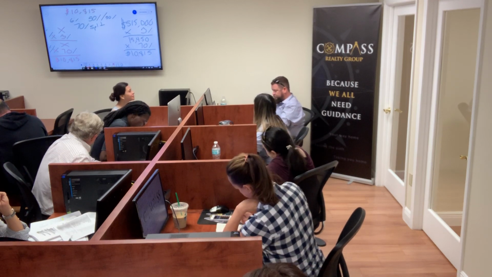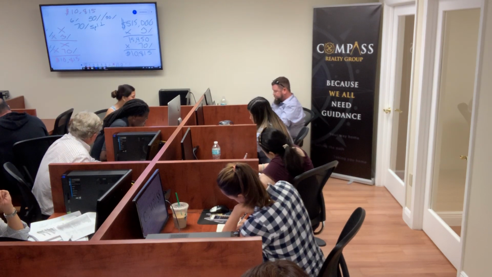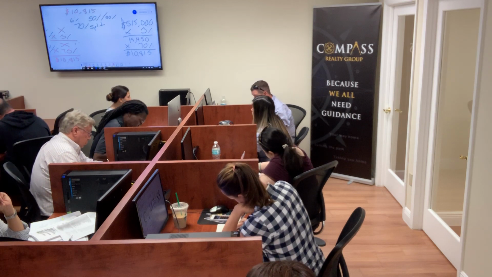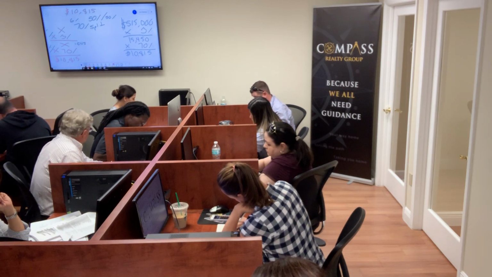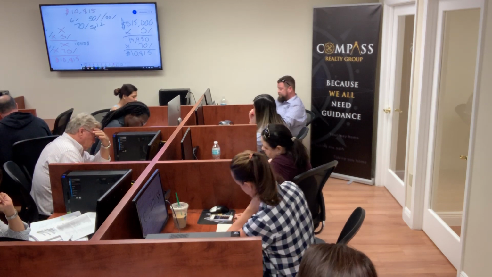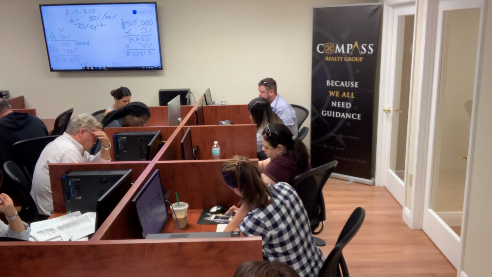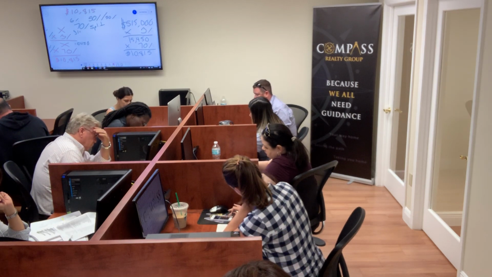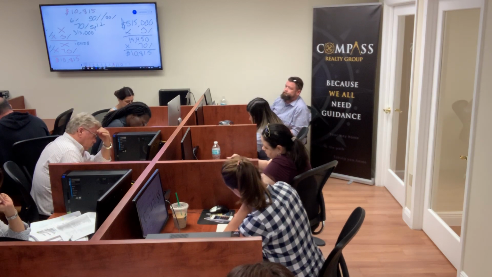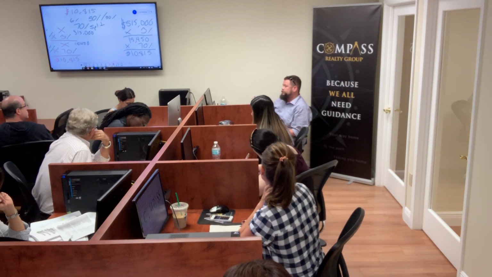So 10,815 divided by 70% is going to give me the 15,450, right? And if I get the 15,450 and divide it by 3%, it's going to give me the sales price of the home. Everybody see that? Now I'm going to do one more from scratch, okay?